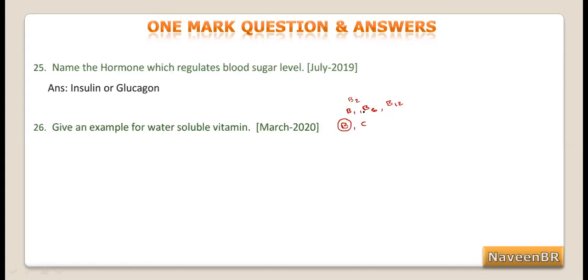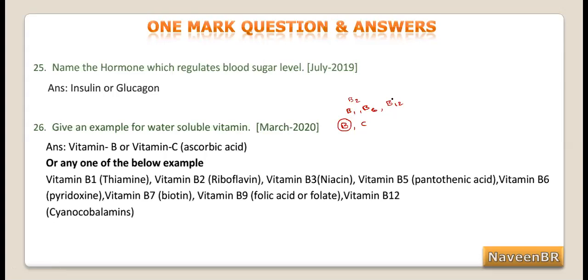In addition to this, there are many vitamins of B complex that they have given in the scheme. But in the NCERT, they have not mentioned all, only these. So vitamin B or vitamin C, ascorbic acid. In the vitamin B, they have given all, which are helpful for your competitive exams.